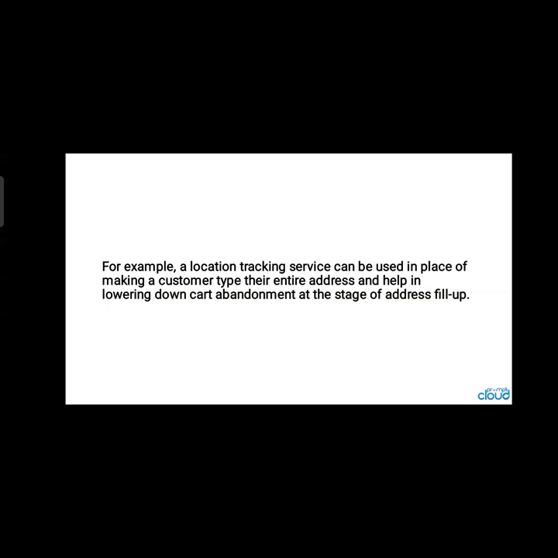Many times, because of complexity in the website used by retail customers, people leave the website and don't want to go ahead with more complex things.